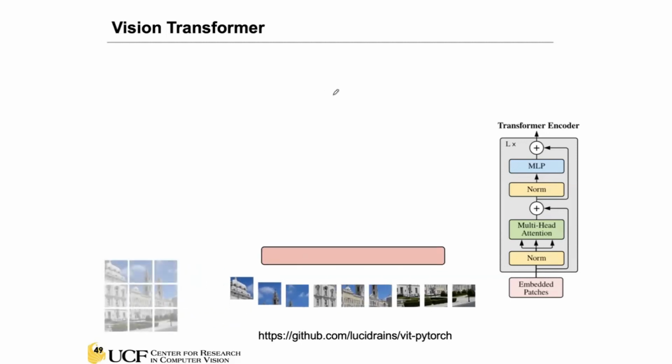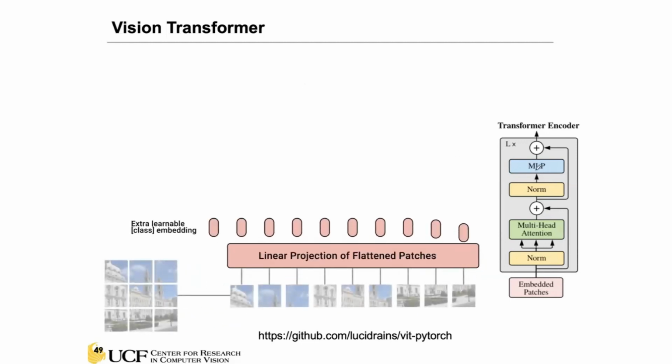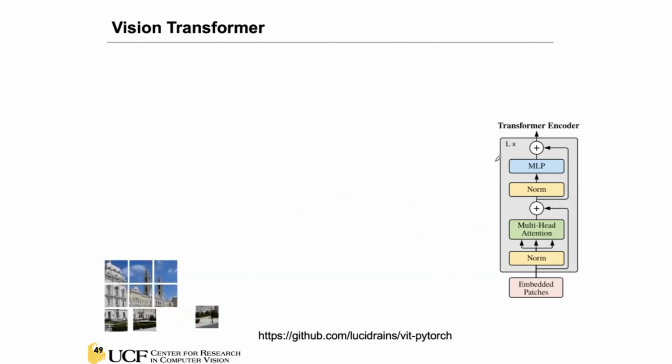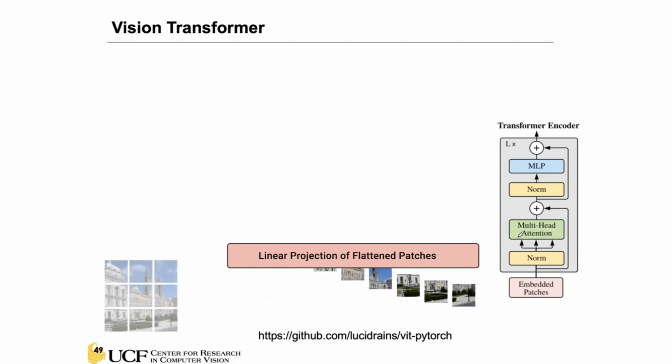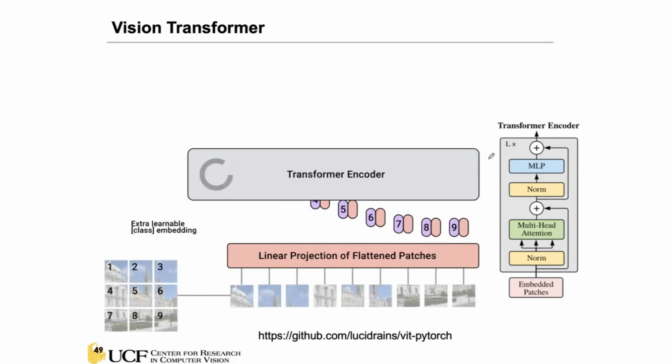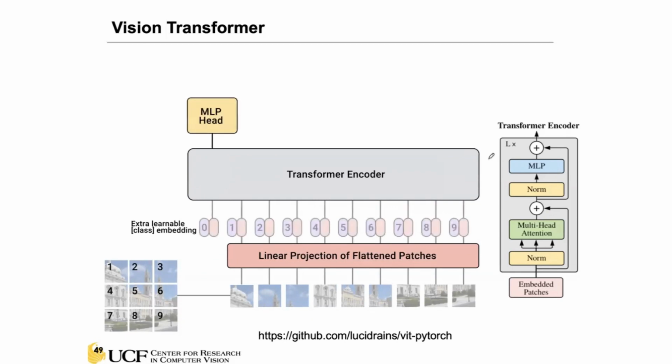For this kind of sequence-to-sequence task, they usually use an encoder-decoder structure. But here we're doing classification, and we only need the encoder part. So basically, we use the encoder to encode the features and use that to do the prediction, to generate the class probability.